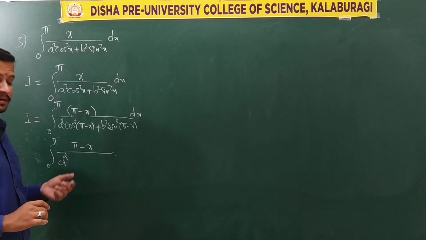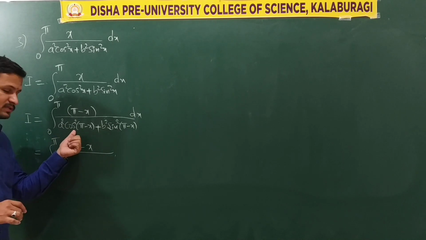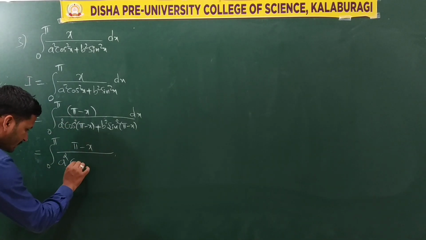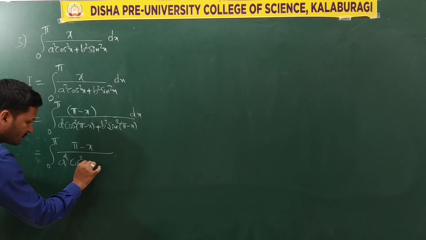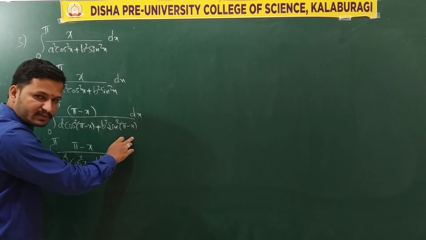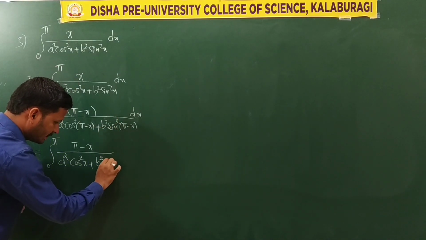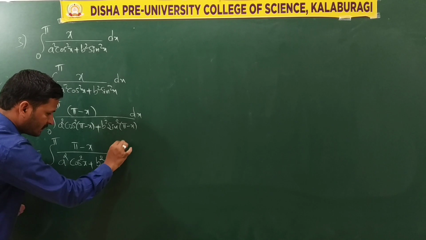In the second quadrant cos is negative, that means minus cos x. Minus cos x whole square is again plus cos square x. Similarly here b square, sin of pi minus x is sin x, so sin x whole square is sin square x into dx.